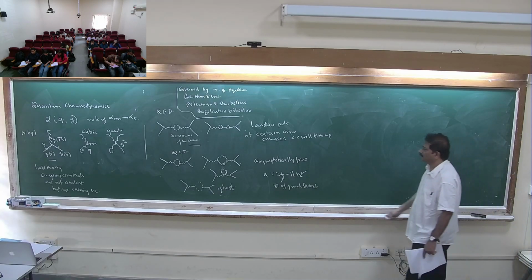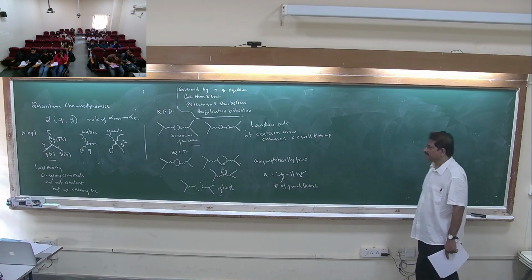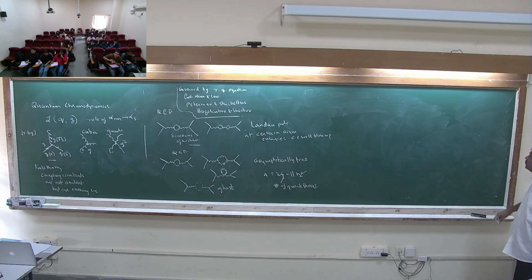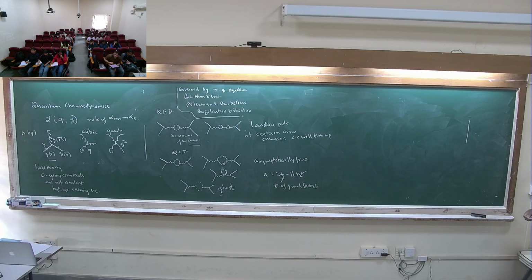So where do you think these numbers 11 and 2 and so on come from? There are many things that we talked about in the group theory part. What are the things that we talked about in the group theory part?